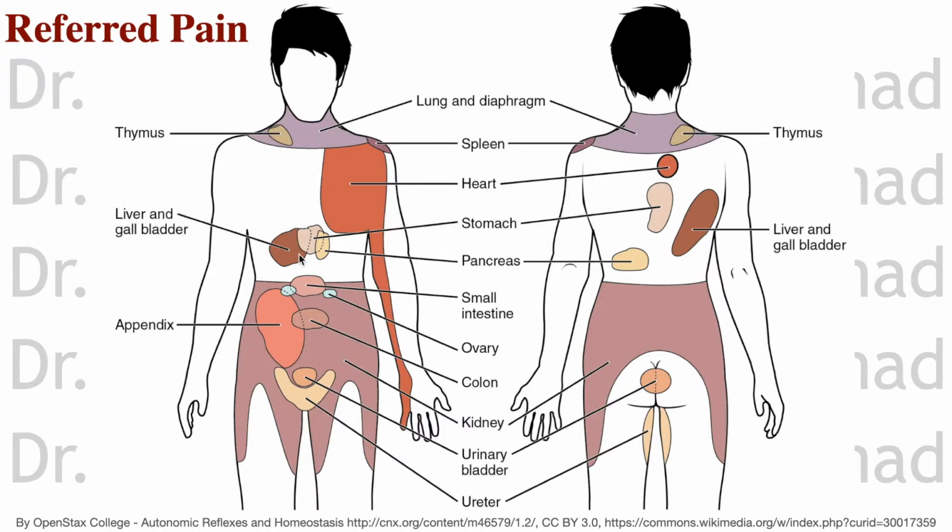For example, you can see how the liver pain is referred near the midline, how the kidney pain is referred along the spinal nerves to the suprapubic region, and so on. This is a map of the different areas for referred pain all over the body.